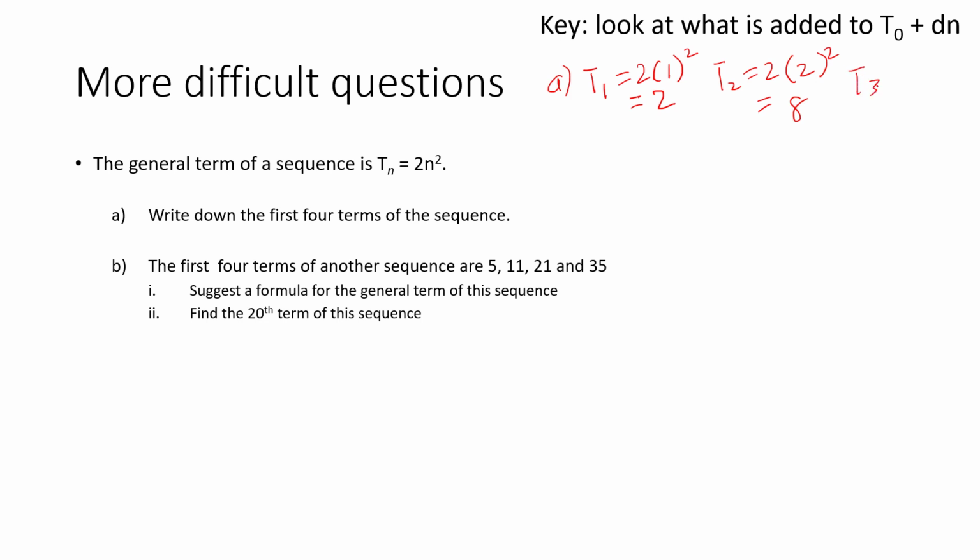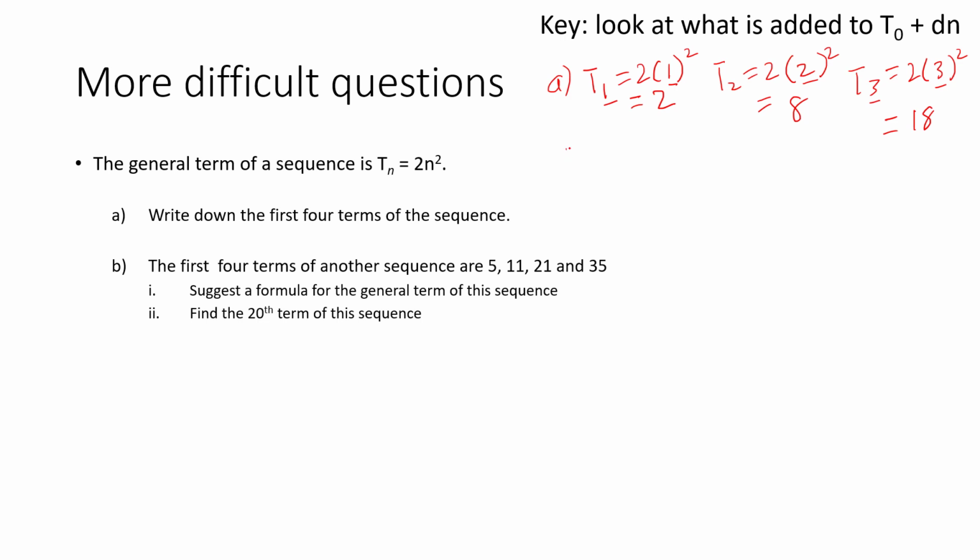And term 3 will be equal to 2 times 3 squared. Where do I get this 3? I got it from here. So you should be able to see the pattern now. Whatever is inside the bracket, the unknown has been converted into the position it occupies on the number pattern. So over here, I will have 9 times 2, I will have 18.